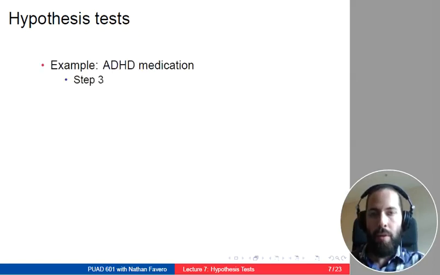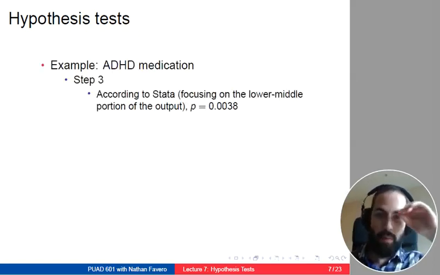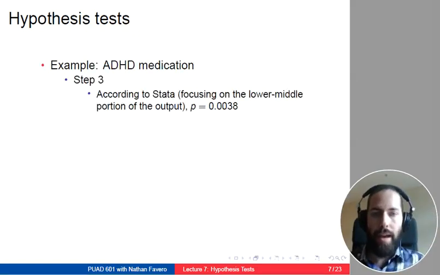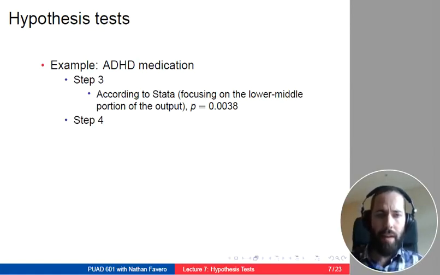So you can see I put the results in the slides there. Step 3, of course, was to compute the p-value, and we got that result. We got 0.0038 as our result. So step 4 asks us to compare our p-value to our alpha value. Now, do you remember what we set as our alpha value? We set 0.05, which is the default.